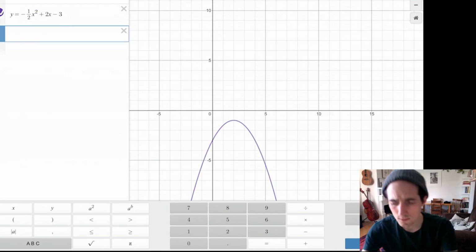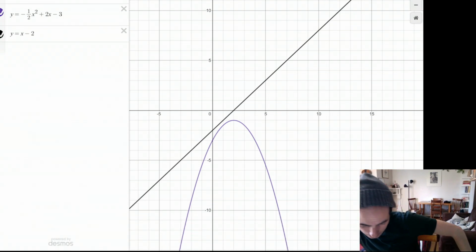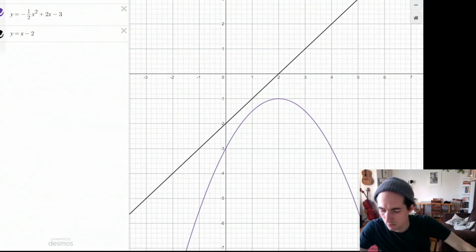That's the first one. The next one would be y equals x minus 2. You can see that there is no intersection between these two.